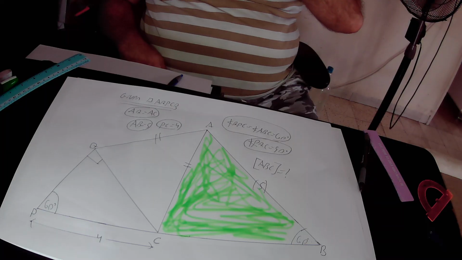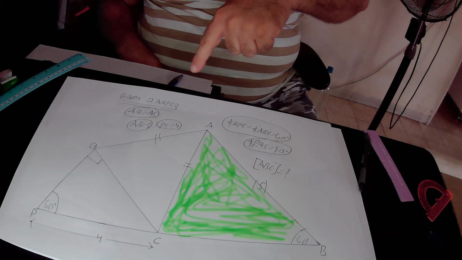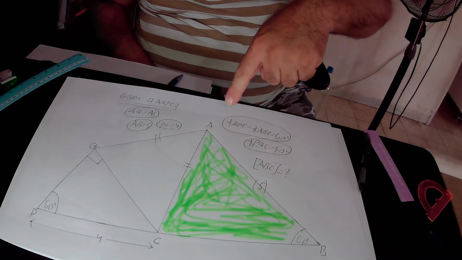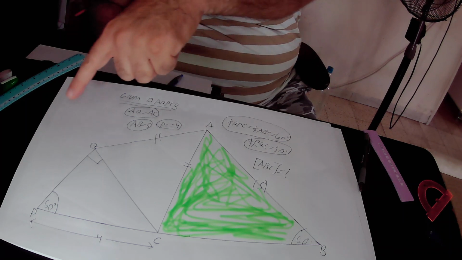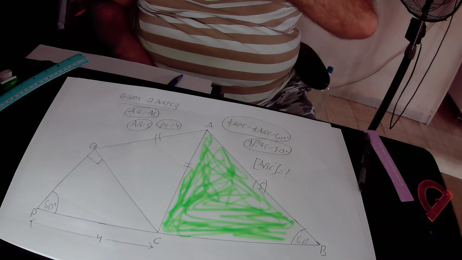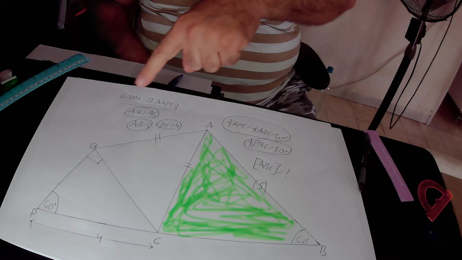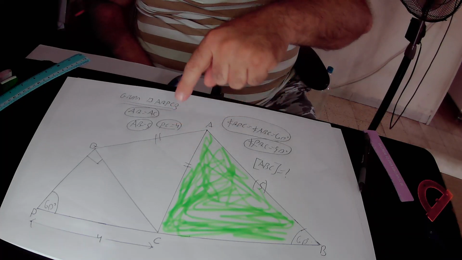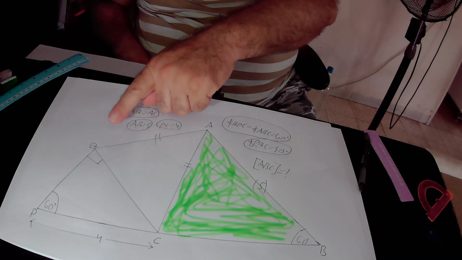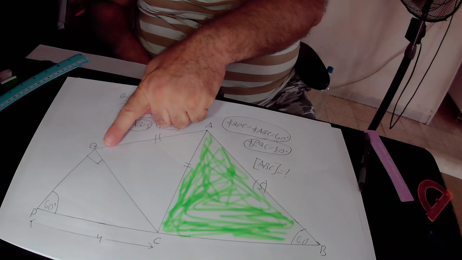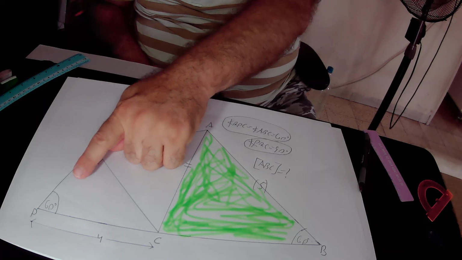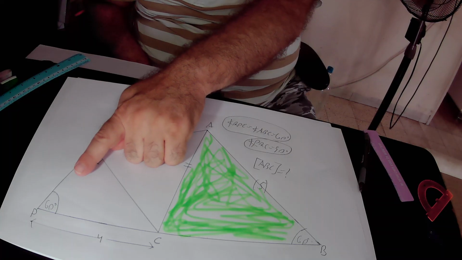In the drawing we have quadrilateral AQPCB. We know that AQ equals AC. We also know that angle PQC is the right angle. Angle QPC equals 60 degrees in its size.